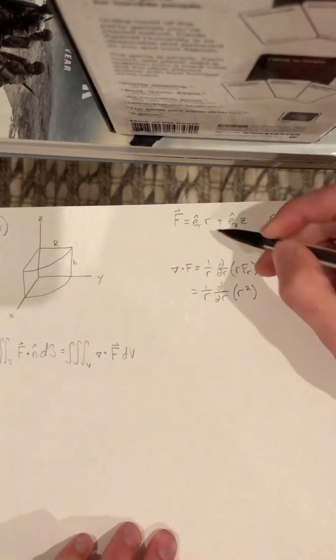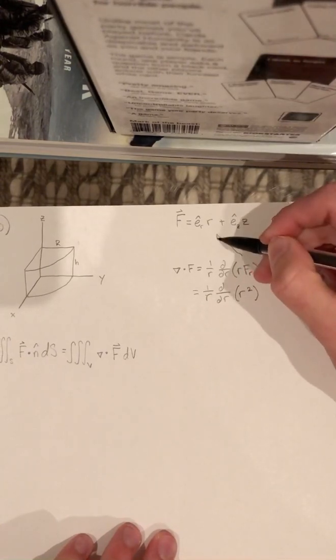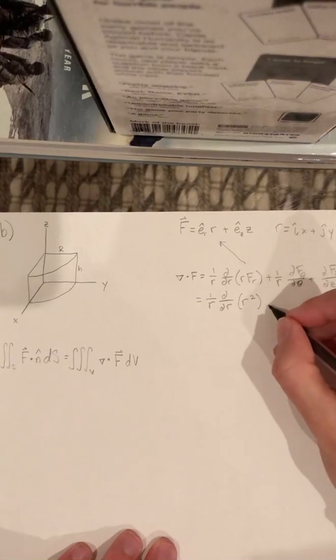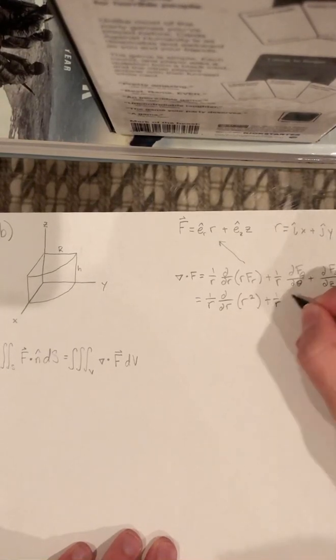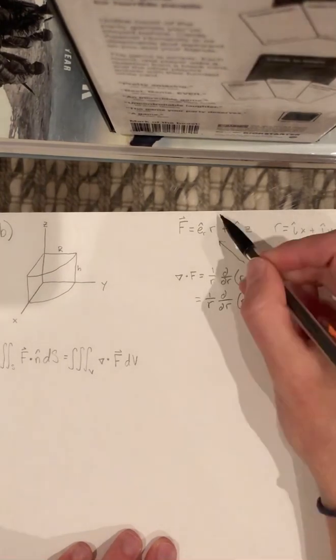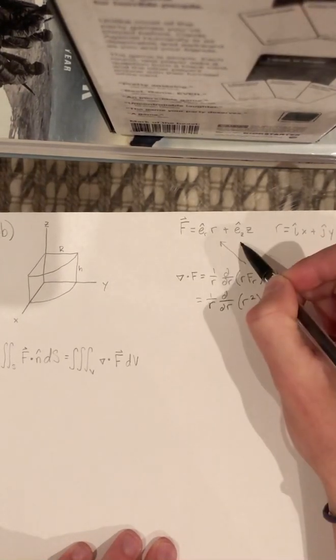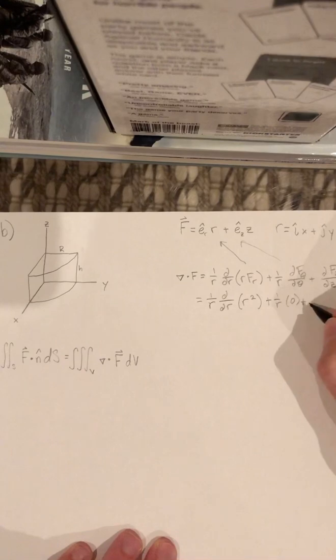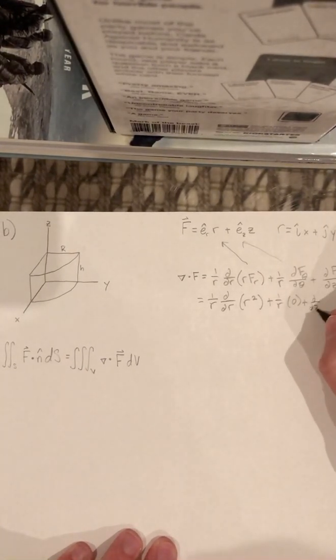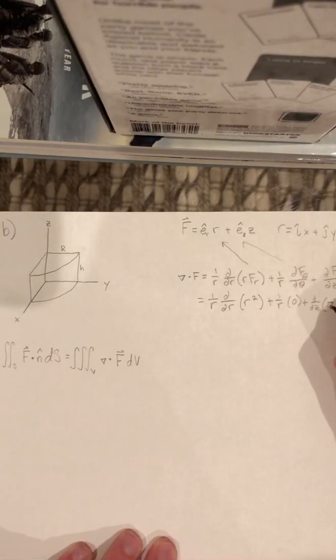This f_r comes from here. And then we're going to add 1 over r times 0, because there's no theta function in here, plus d dz of z.